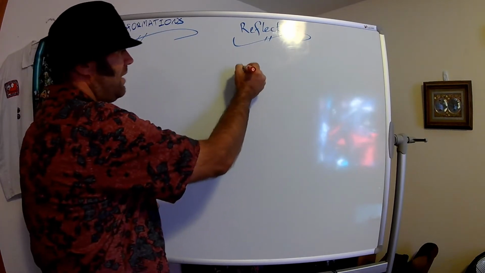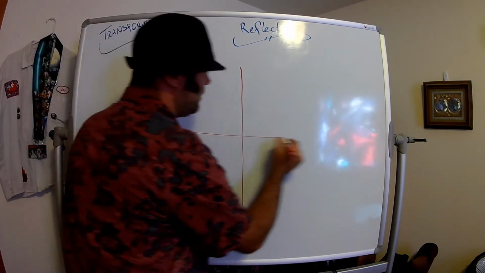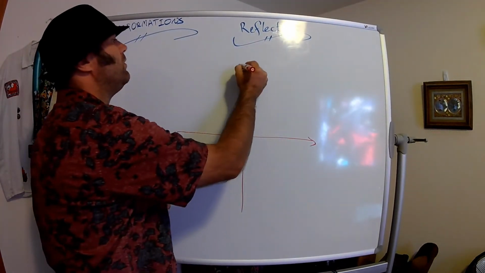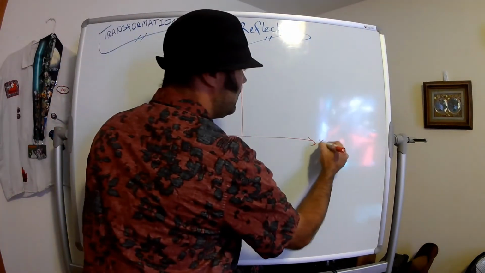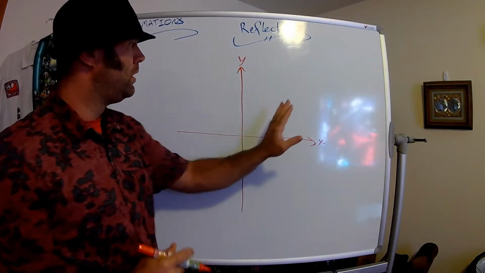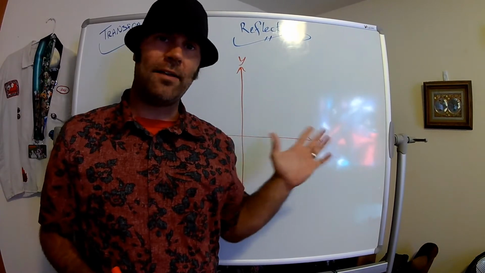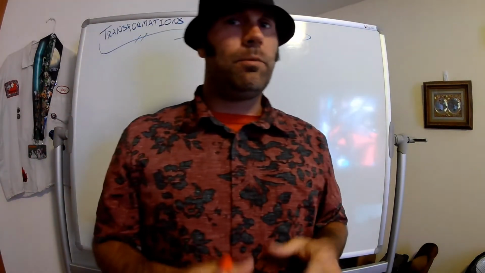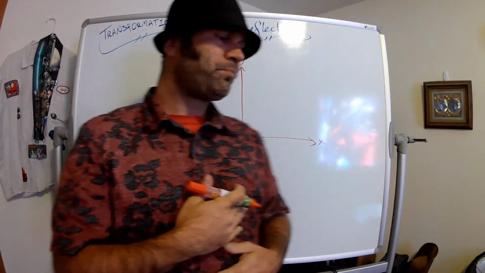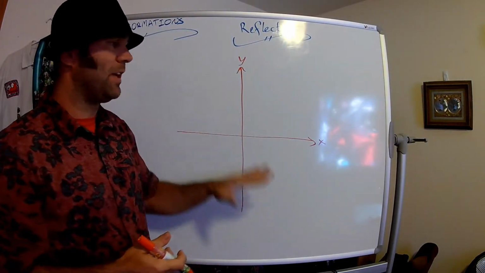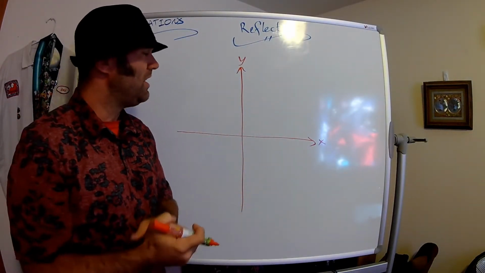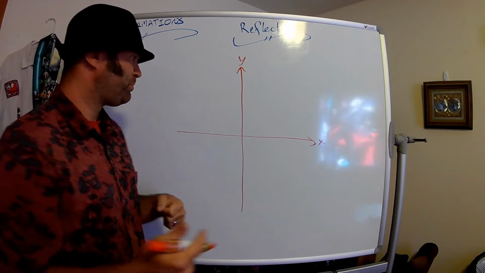On the last video that we talked about reflections, we ended up reflecting across the y-axis. One of the most simple, basic ones that you can do. Another one is that you can reflect across the x-axis, and that's equally as simple.